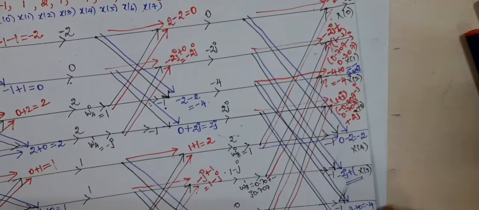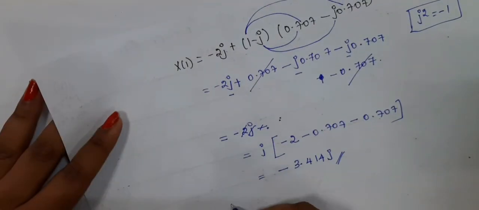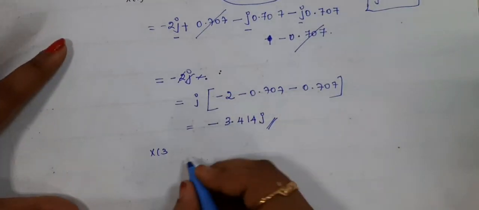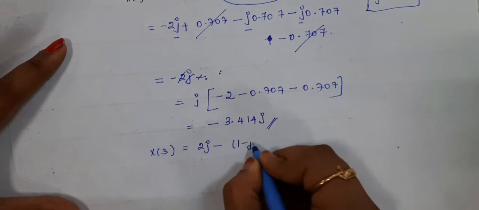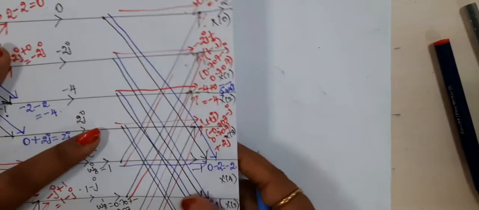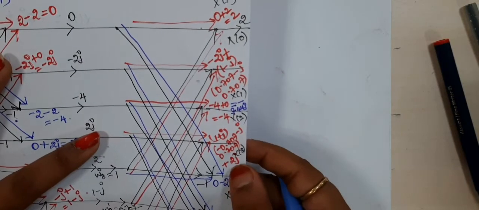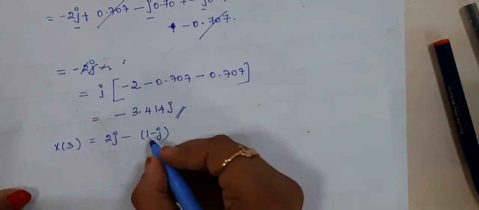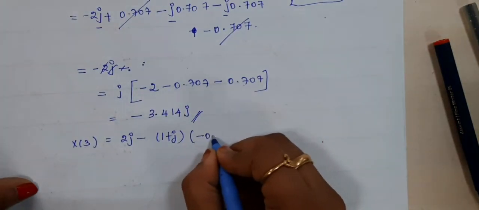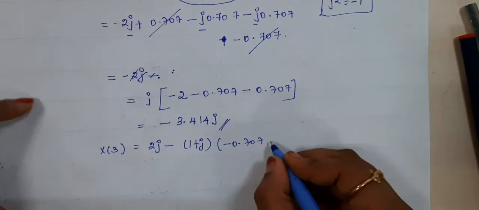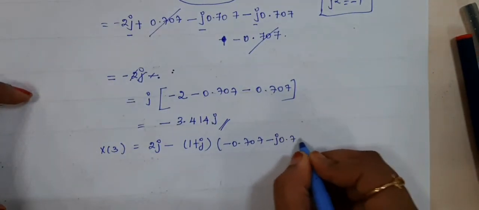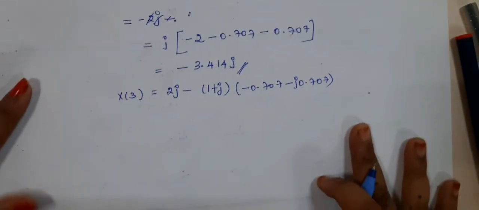What is x of 3 value? X of 3 equal to 2j minus (1 minus j) into (minus 0.707 minus j 0.707). So this also we can solve like that.